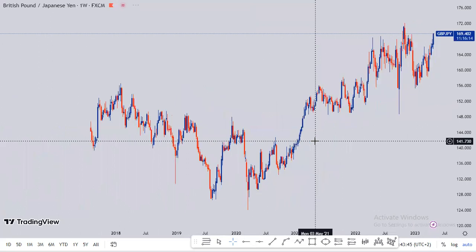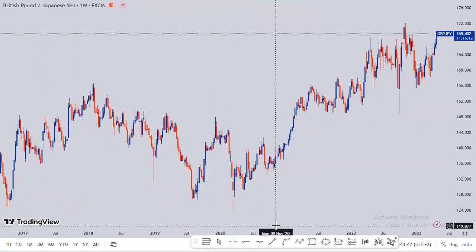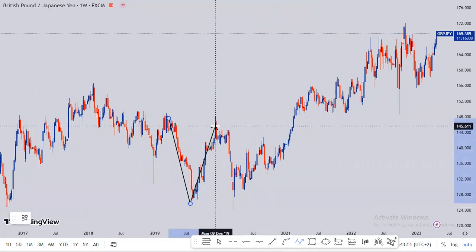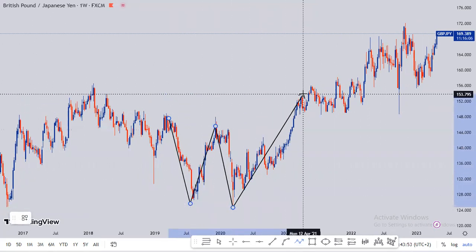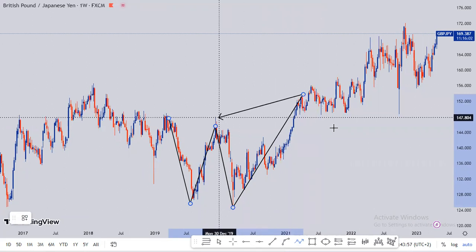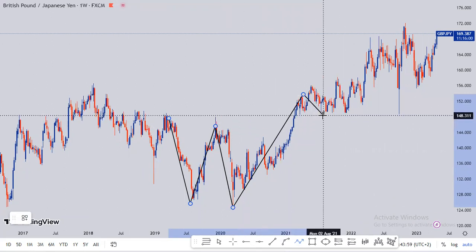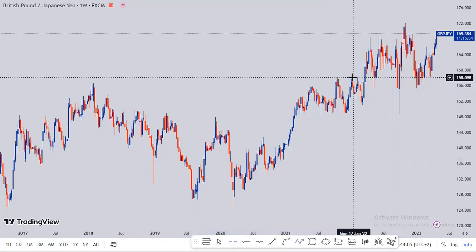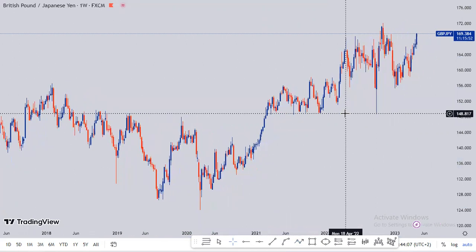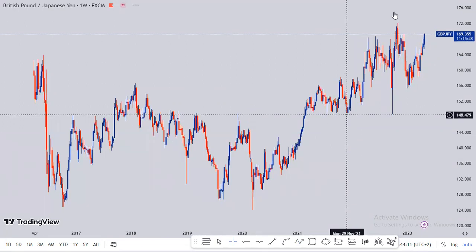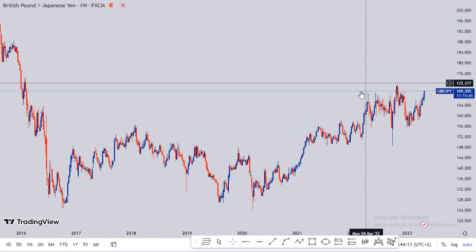What are we doing on the weekly? We recognize that right here we had what we call a double bottom. This is a double bottom, you understand? Breakout, maybe a retest of this neckline you see right here. It didn't happen entirely, but almost. But you understand the structure, and then it shoots up. So overall, the market just keeps going up, higher high, going up, higher high.